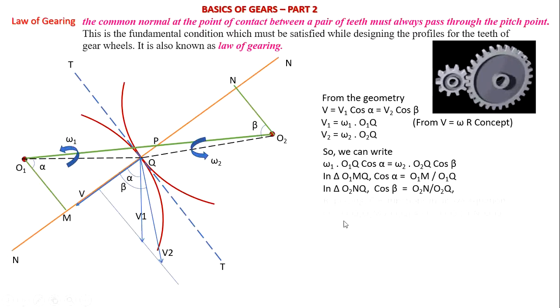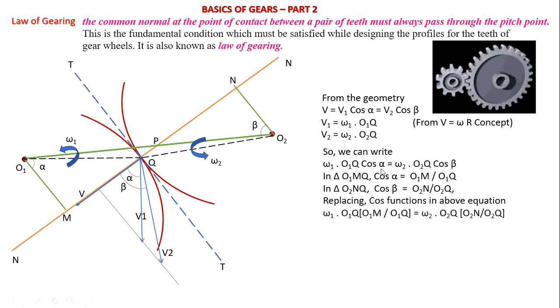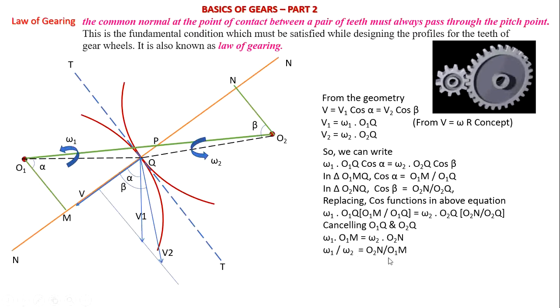Now we substitute these values in the equation. Replacing the cos functions, cos alpha is replaced by O1M by O1Q, and cos beta is replaced by O2N by O2Q. From this we can cancel O1Q with O1Q and O2Q with O2Q. Reducing the equation, we get omega 1 by omega 2 equal to O2N by O1M.